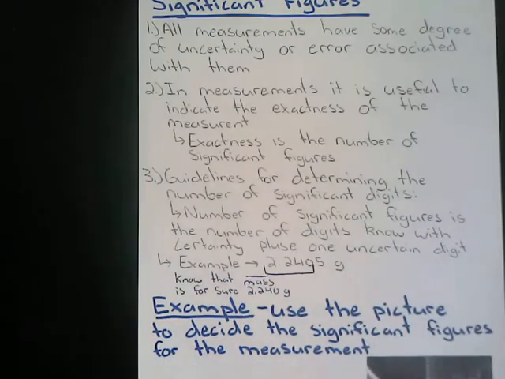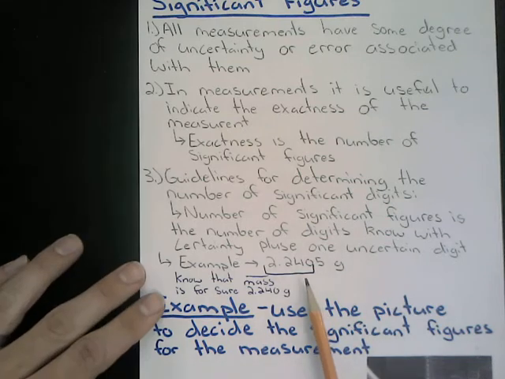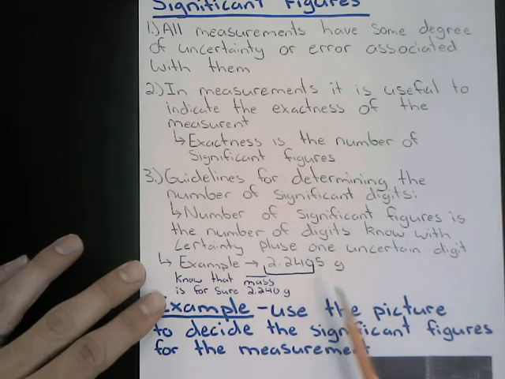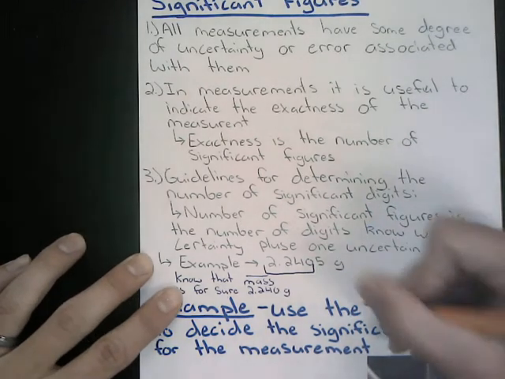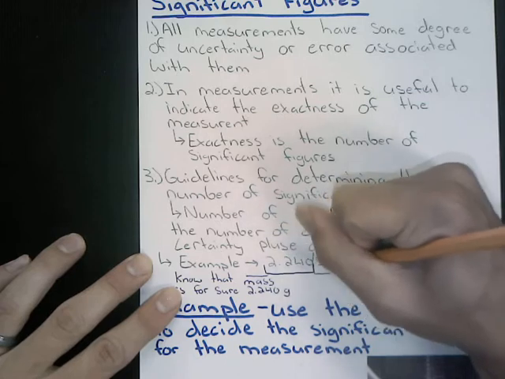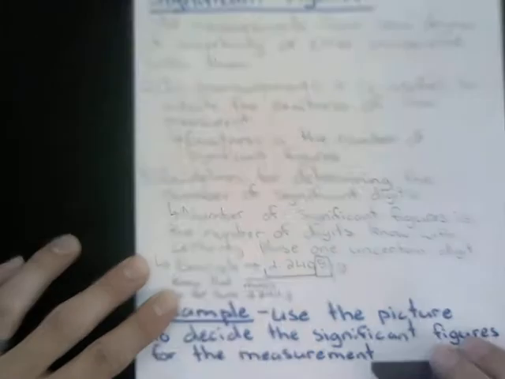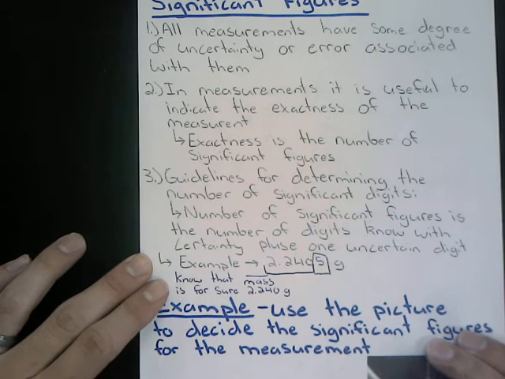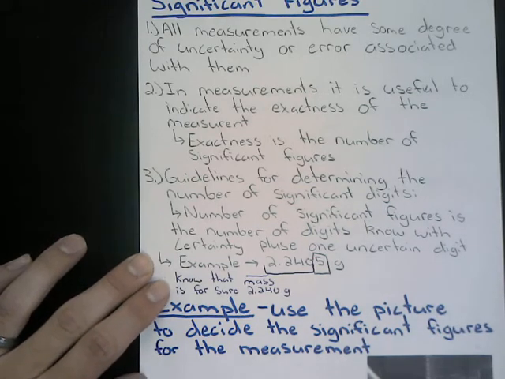What we don't know, or what we're uncertain about, is this ten-thousandths digit here. We are uncertain about this value. I'm going to box this in. This 5 is what we are uncertain about, and that is to the nearest 0.0001 gram.